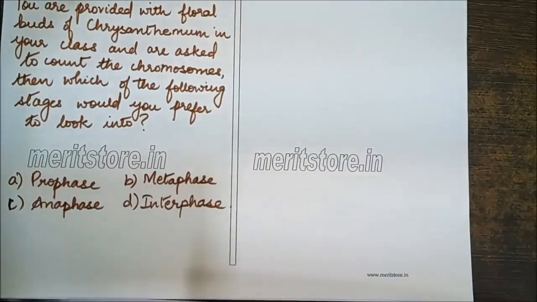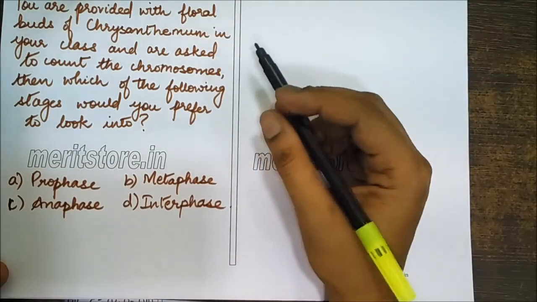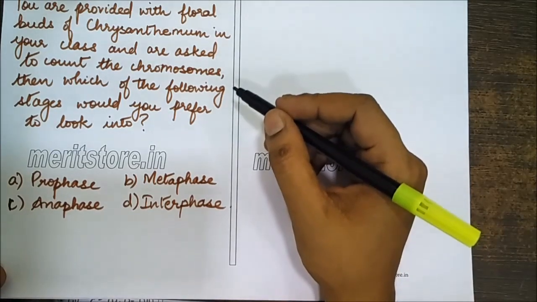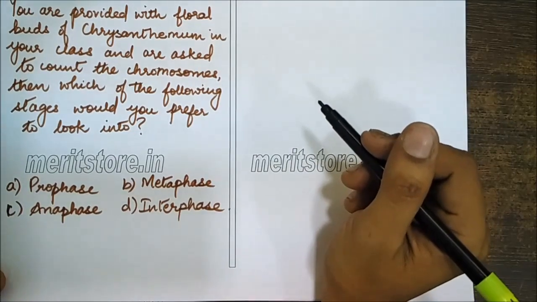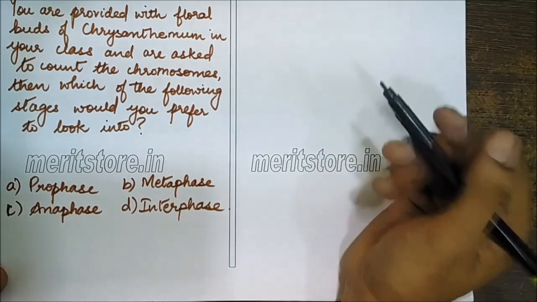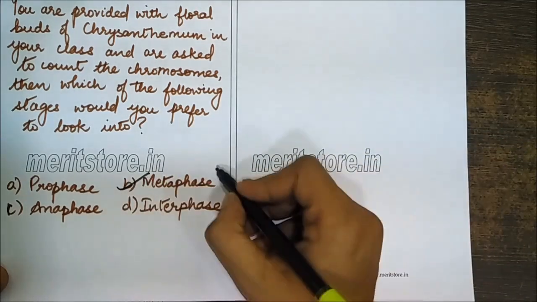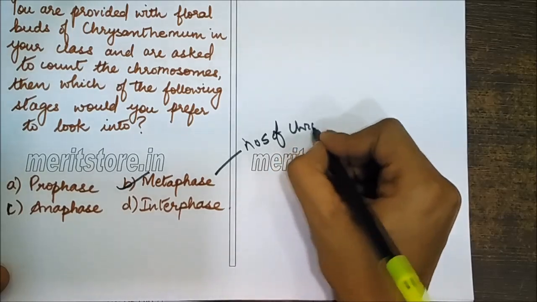Next, you are provided with floral buds of chrysanthemum in your class and you are asked to count the number of chromosomes. Then which of the following stages would you prefer to look into? Always remember, if you want to count the number of chromosomes or you want to find out the ideogram, that is the arrangement of chromosomes, both can be best studied in metaphase.